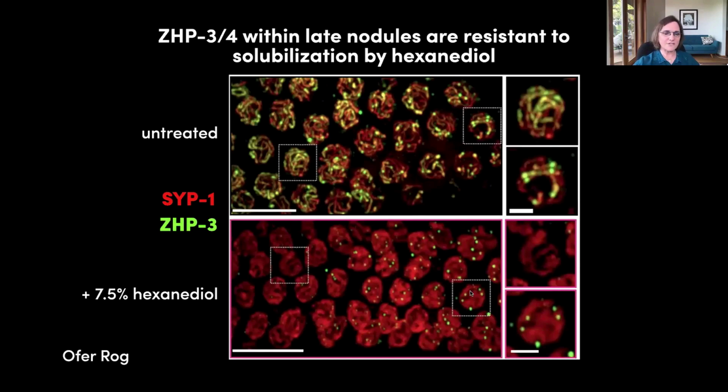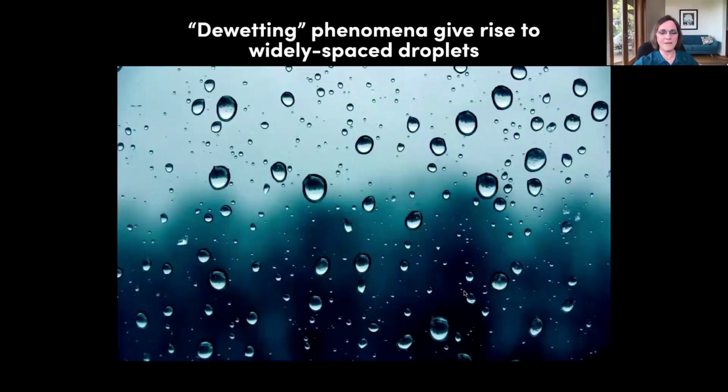So all of this suggested that these recombination nodules are some kind of condensate that forms adjacent to, but not within the synaptonemal complex. And so what I'm going to suggest is that the way these nodules may form along the SC is through a process of de-wetting, in which these recombination proteins, particularly ZHP3 and 4, are associated with the SC, but they don't love the SC.